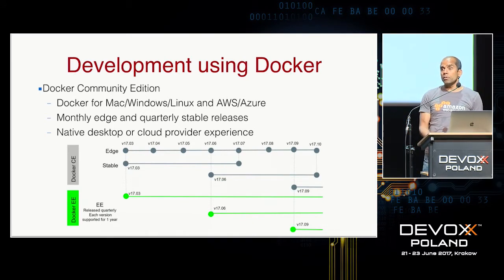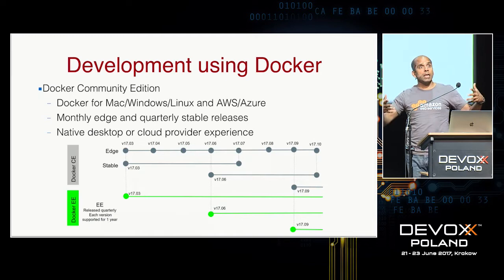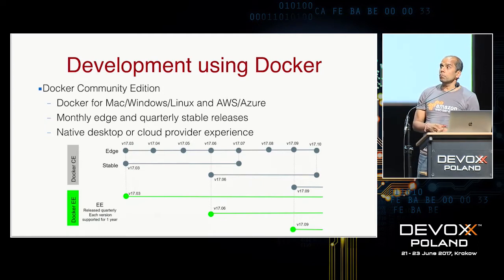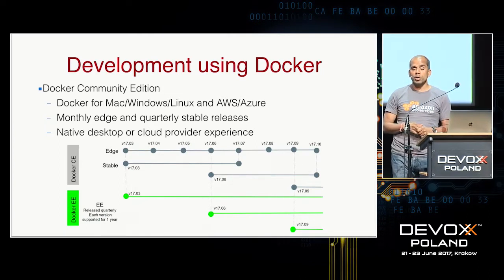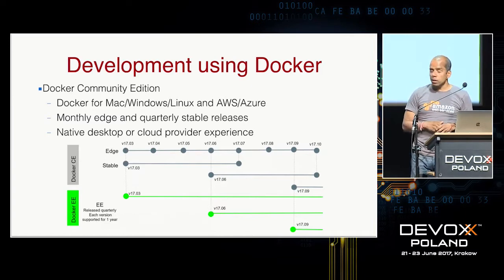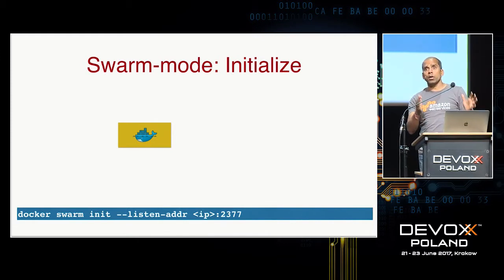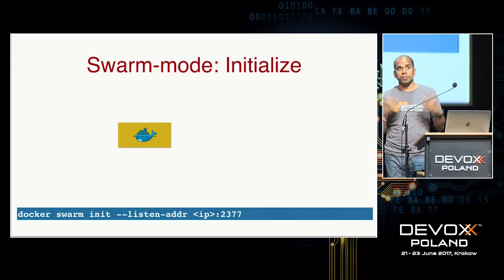So this is a MacBook that I'm using. So all my development in that sense can be very easily done on a single box. In a single Docker engine, I can enable the orchestration and say, okay, now run my multi-container application. So how do I do that? I have a single MacBook here, in that Docker, where I've installed Docker for Mac, and I could just simply say docker swarm init.